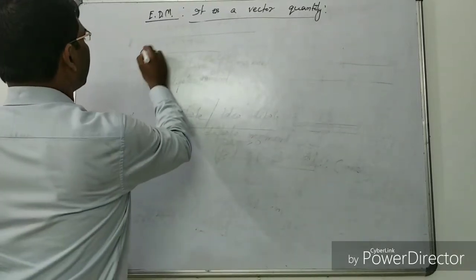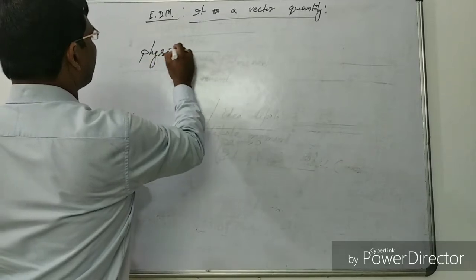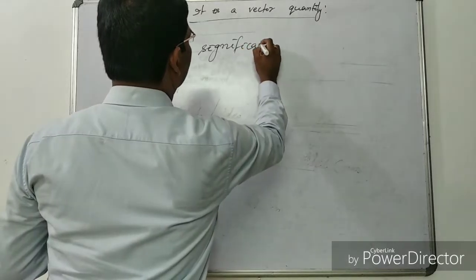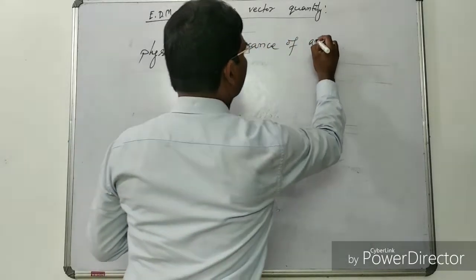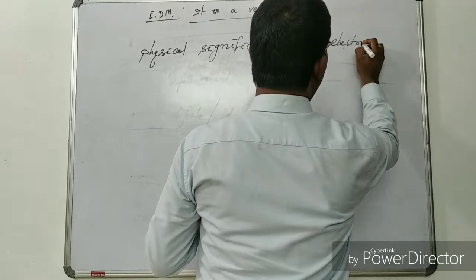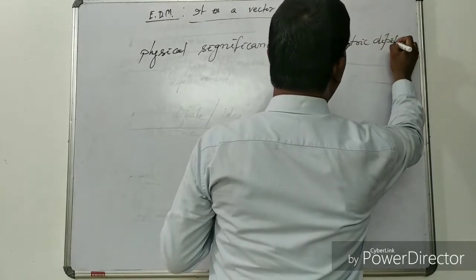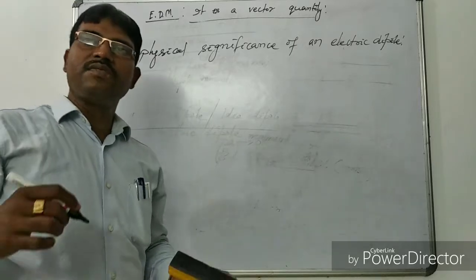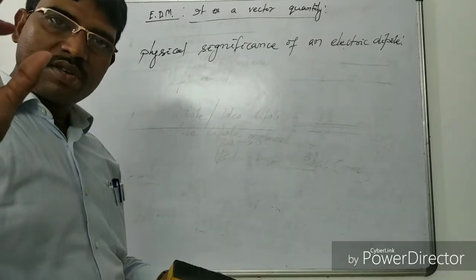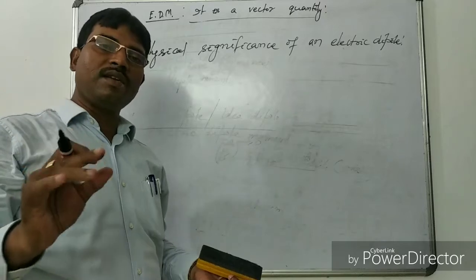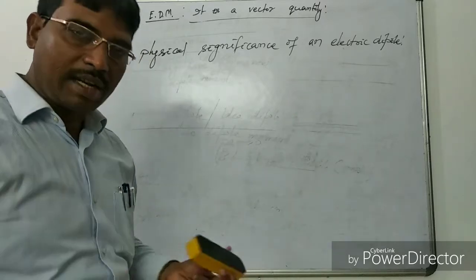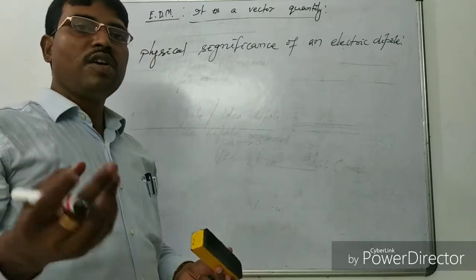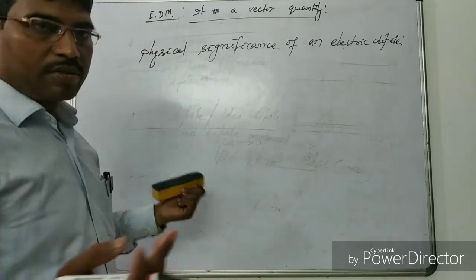It is used in the study of radiation of energy from an antenna, and in the study of the effect of an electric field in insulators, dielectric substances. Dielectric means non-conducting substance.